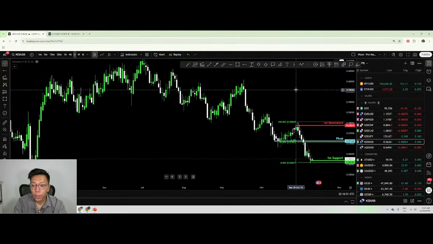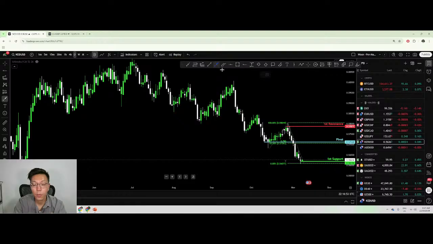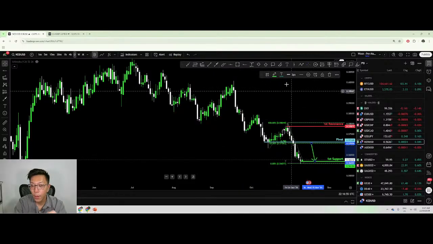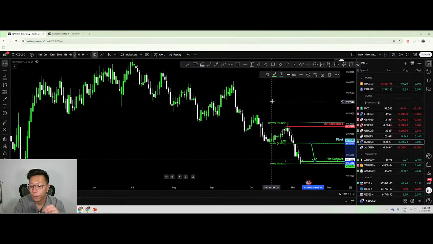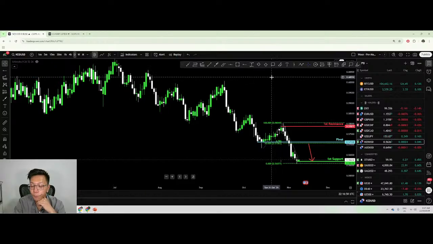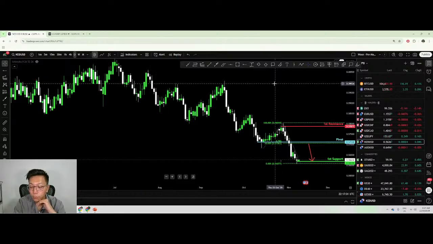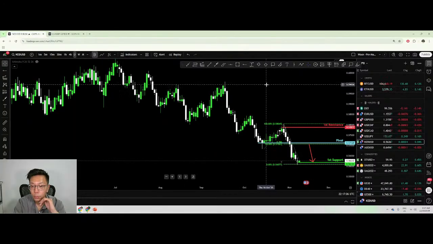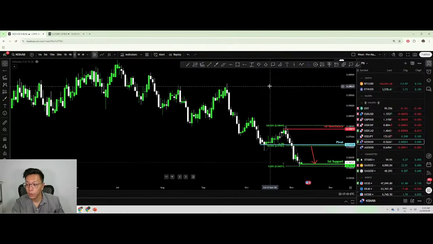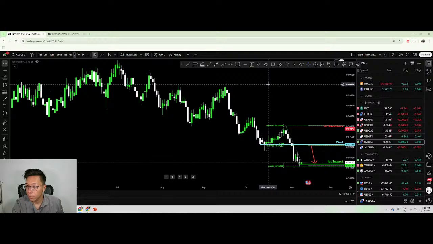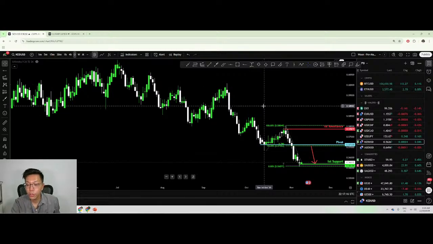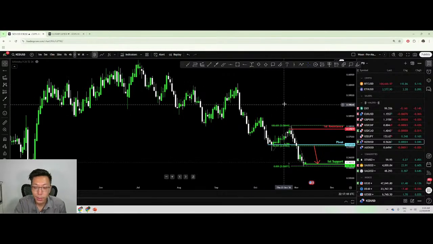Then of course we want to end it off with a bearish arrow. Pretty straightforward for NZD USD.